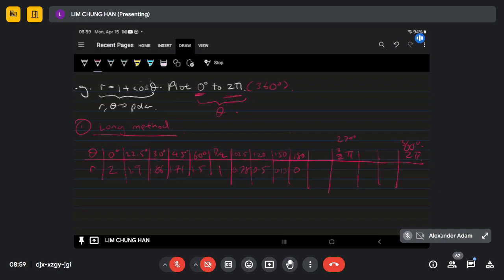It's a very, very painful method, right? Basically, we haven't finished yet. You have to do all the way to 360 degrees. We've gone halfway, but you have to continue all the way to 360 degrees.